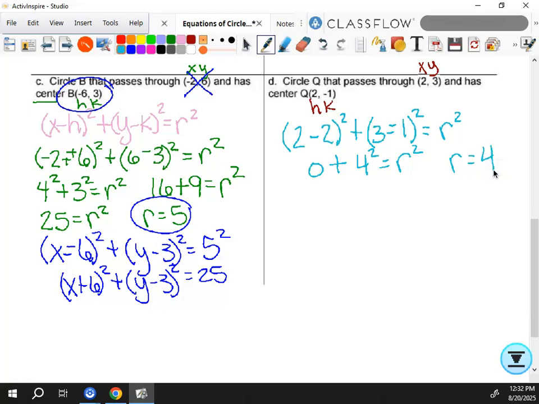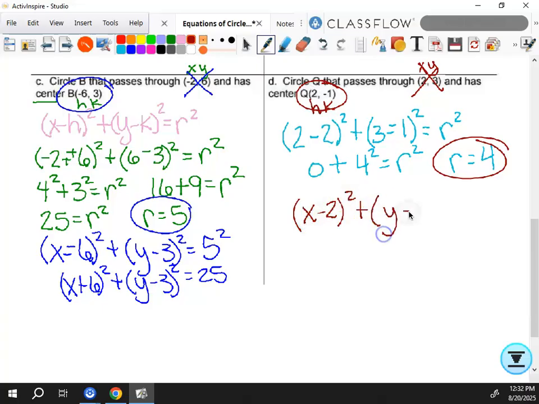Okay, I need that. So I need this, and I need my center. So this is going to give me (x minus 2) squared plus (y minus a negative 1) squared equals 4 squared. Okay. Your assignment for this is going to be in Delta Math. Delta Math will not take it when you leave it like this.